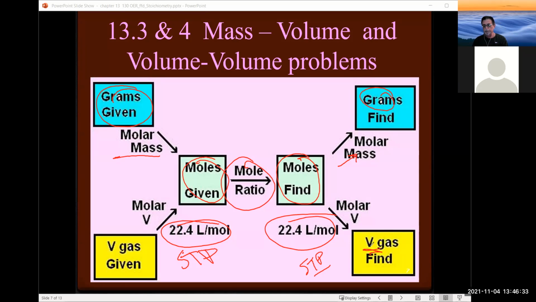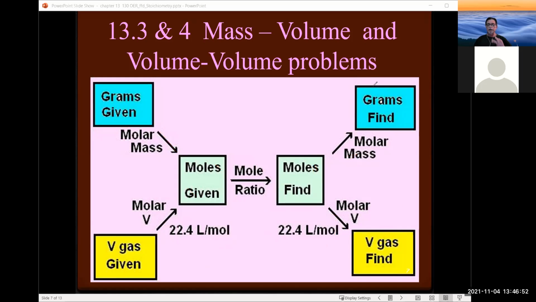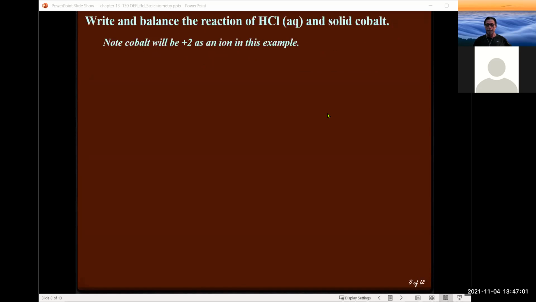If you're given an X amount volume of gas at STP, you can calculate backwards to figure out grams of some material, okay? This is all this flow chart, these blocks, you can go in both directions. But this particular flow chart is very helpful when you're going through these stoichiometry calculations.